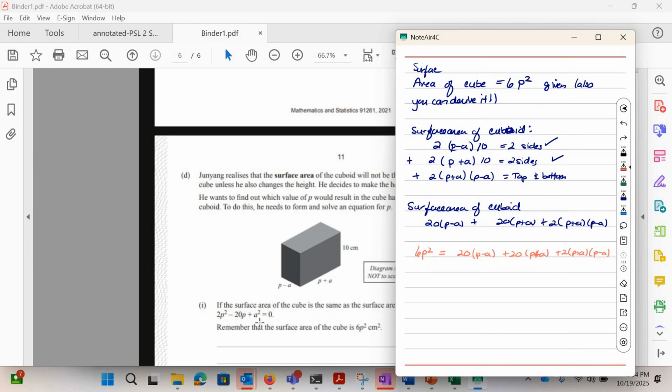Okay, so I go to the problem and they say you're supposed to get 2p squared minus 20p plus a squared equals 0 after simplifying this god-awful beast. So let's see if we can sneak some stuff out here. I'm a lazy mathematician, so I'm going to try to pull something out.